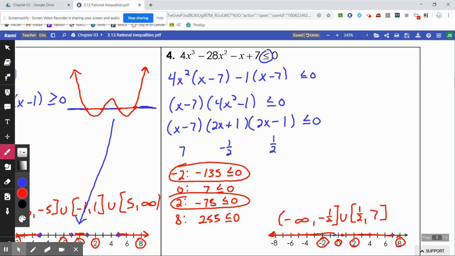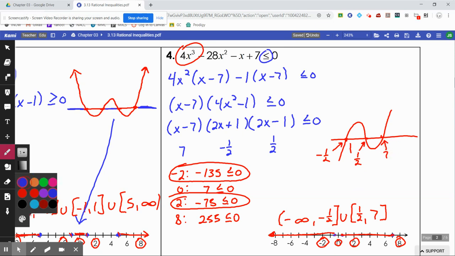Again, there's another method for doing this. A positive x to the third, if you remember that leading coefficient, gives you a graph that's going to look something like this. Your zeros in this case were here, here, and here. If you put them in order, this was -1/2. This was a +1/2 here, and this was 7.